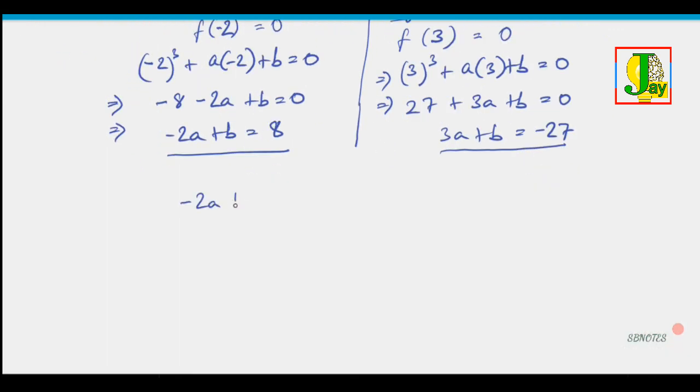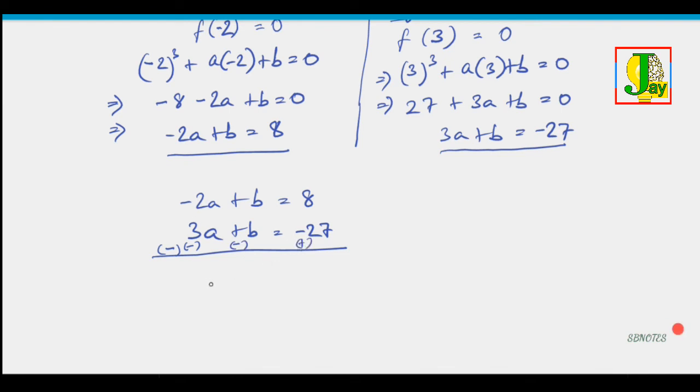Minus 2a plus b equals 8 and 3a plus b equals minus 27. Since b is the same here, we can cancel b by subtracting. So if I subtract, this becomes minus, this becomes minus, this becomes plus.